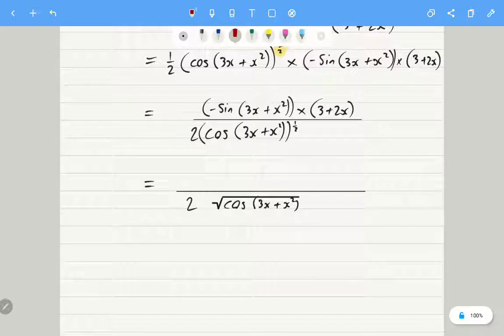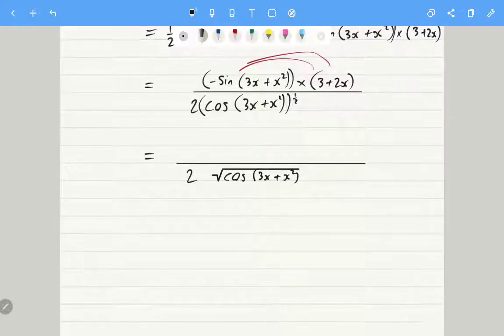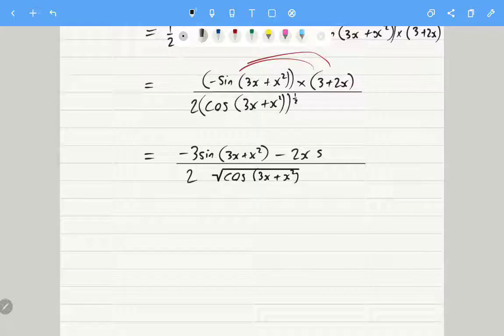So if we want to clean this up, we are going to have to expand the brackets. Okay? And in order to do that, we're multiplying sine by 3 and then multiplying sine by 2x. So we get negative 3 sine of 3x plus x squared minus 2x sine of 3x plus x squared.